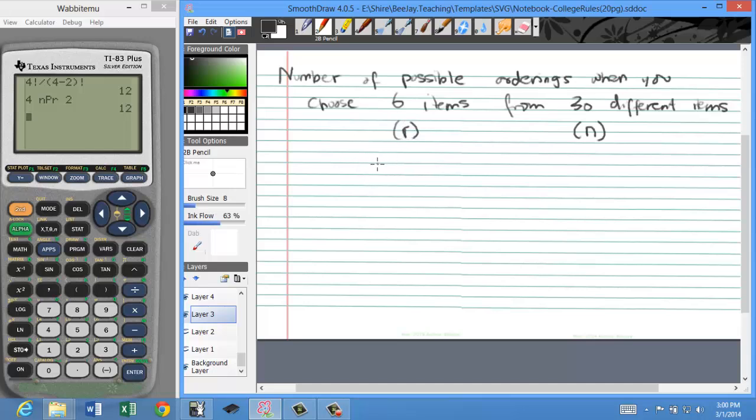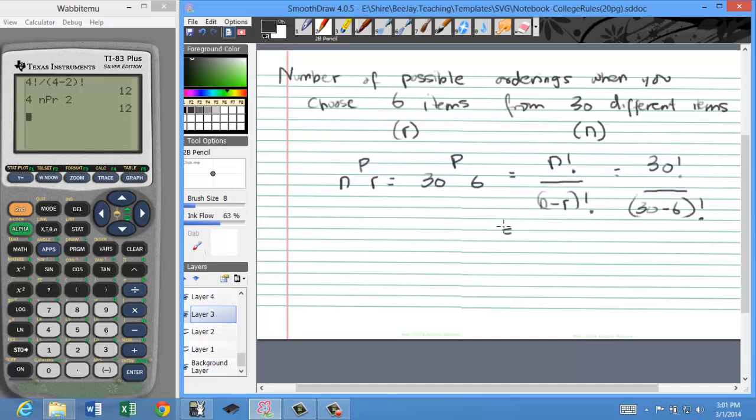You can say, well, I'll sit and write them all out, but it's not possible unless you have no life, or you might have to spend all eternity, as I mentioned earlier, to write all possible ways out. So the better way is to write it as nPr, which is 30P6, which would be given by the formula n factorial over n minus r factorial, which would be 30 factorial over 30 minus 6 factorial.